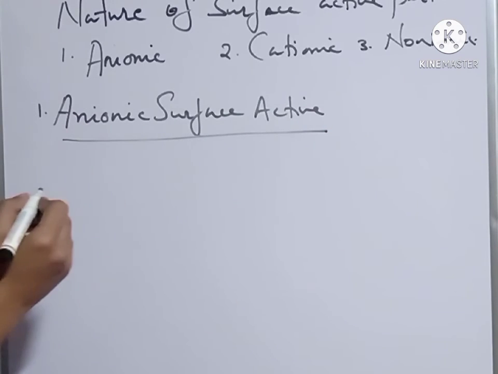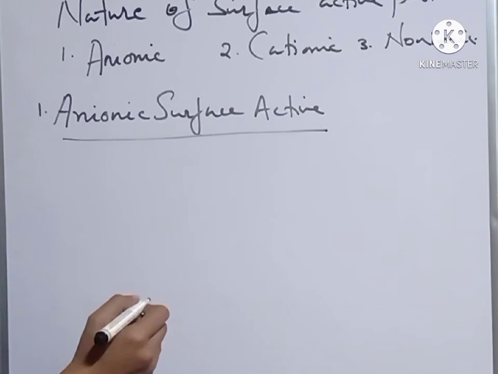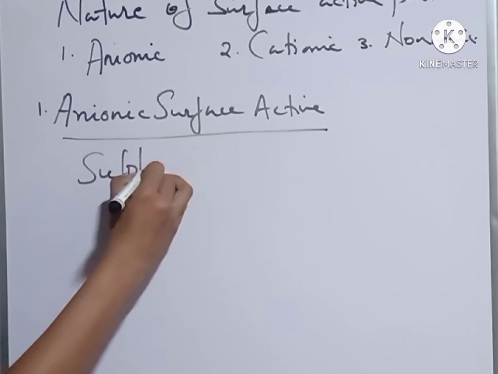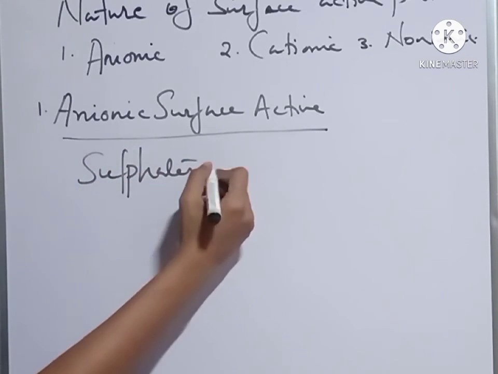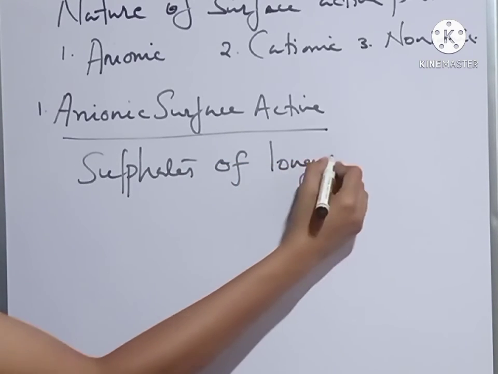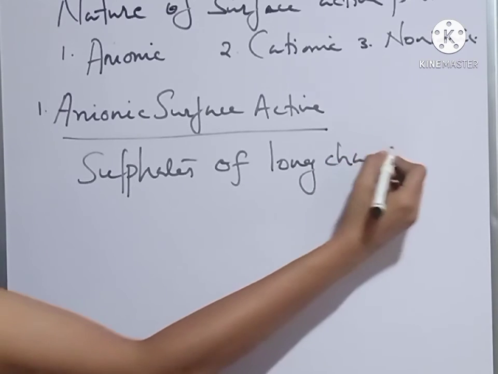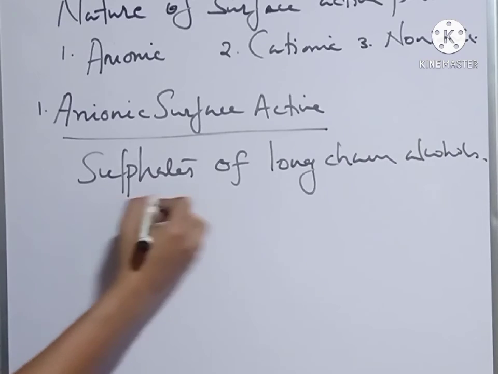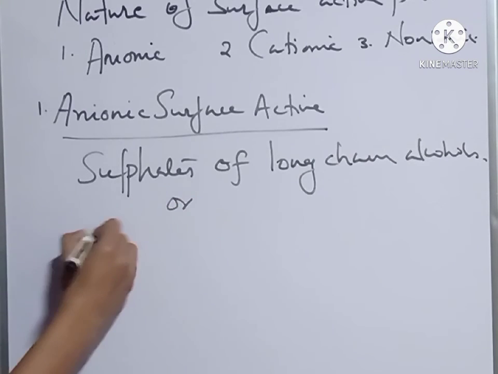The anionic surface active surfactants are usually the sulfates of long chain alcohols, or sulfonates.